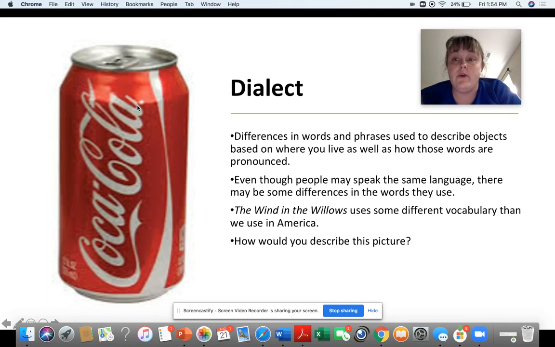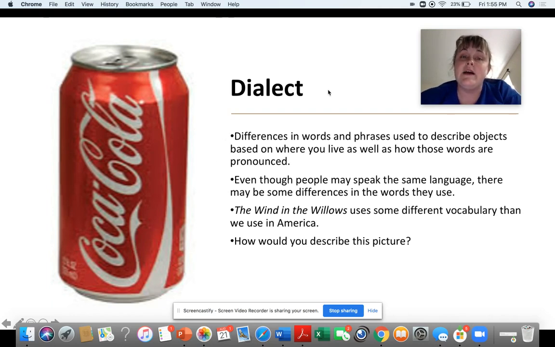All right, that's one. What about if I said that's a Coke can? Two. That's a soda can. That's three. Soft drink can. And if you're in other parts of the country, you might say pop. It's a pop can. Depending on where you live, can affect what word you would use to describe this picture.